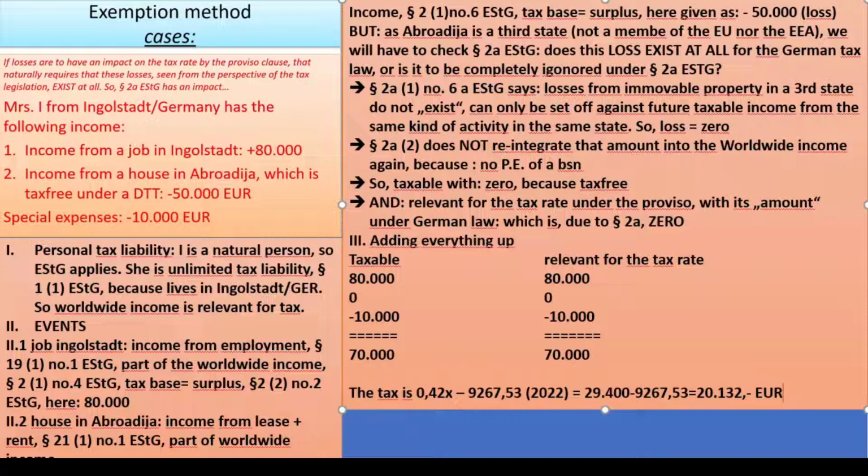And we have 20,132 euro coming out. I have rounded down the figure, and again, it's clear this is a result which is only valid for 2022. The logic and technique remains the same in future years in all probability.